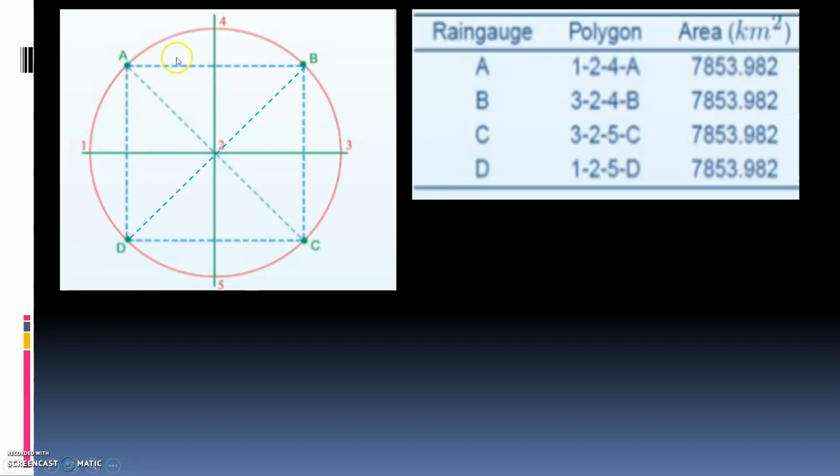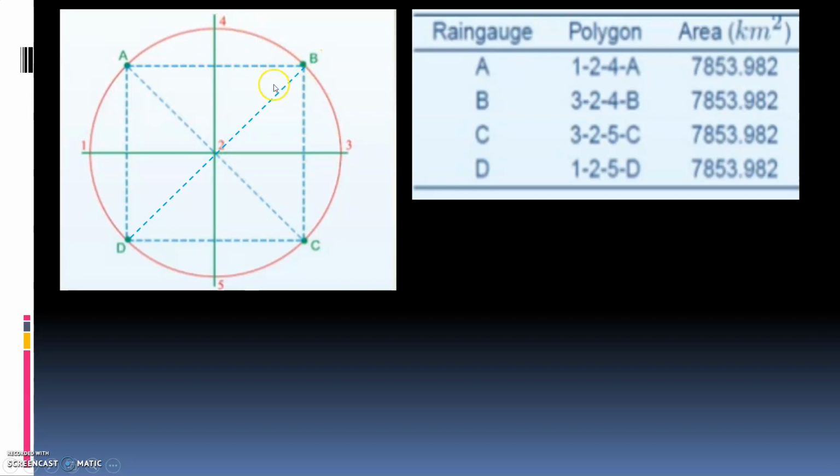Okay, now suppose this is the area. The polygon is, this is the polygon area, that is 1, 2, 4, for A. Okay, this is for rain gauge station A. Similarly, for rain gauge station B, this is the area, that is 3, 2, 4.